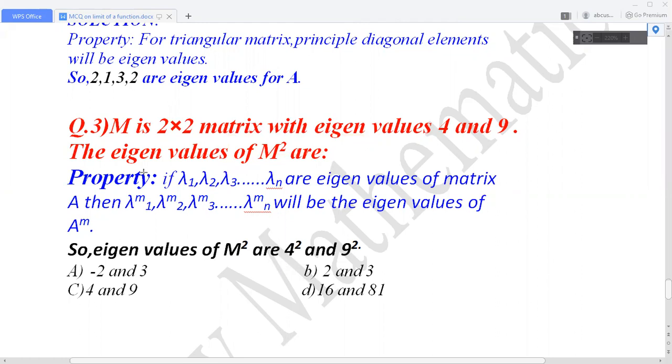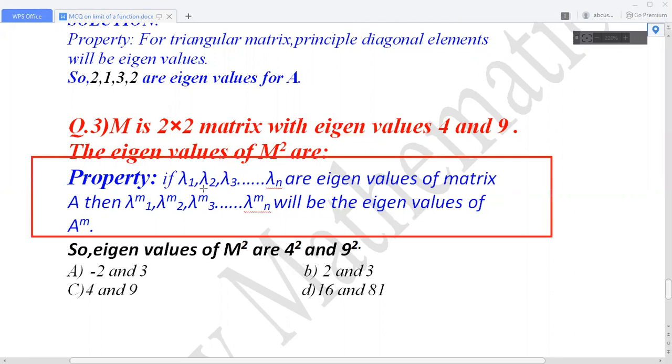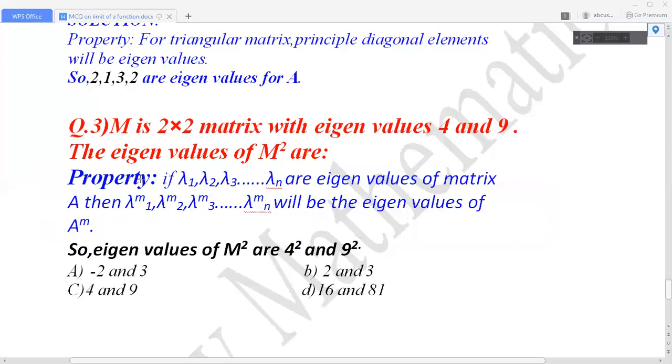The property states that, here is the property I have written. If lambda 1, lambda 2, lambda 3, and so on to lambda n are the eigenvalues for the matrix A, then for the matrix A raised to the power m, we have a very easy way to calculate the eigenvalues: just raise each eigenvalue to the same power m.